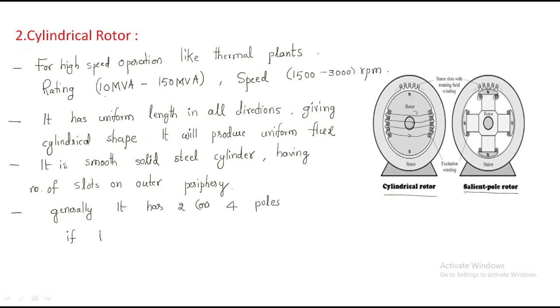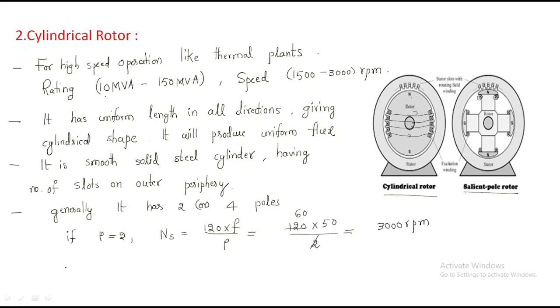If the number of poles is 2, it rotates with the speed of Ns equal to 120 f by P. Our Indian frequency is 50, number of poles is 2, then it rotates with the speed of 3000 rpm.